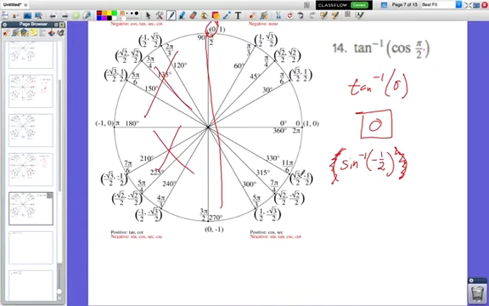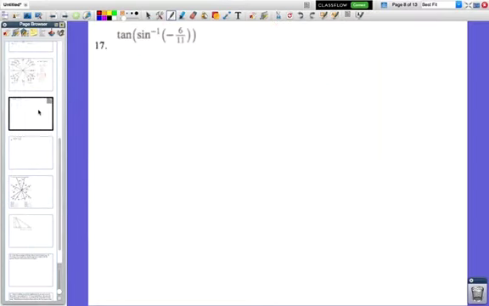These sides we don't look at. On this right side here, I found my sine. Now it's telling me 11 pi over 6, but because our range is from 0 to negative pi over 2, instead of 11 pi over 6 it will be negative pi over 6. So our answer, if we're just taking the sine inverse of negative 1/2, is negative pi over 6. So that'll conclude our unit circle part.